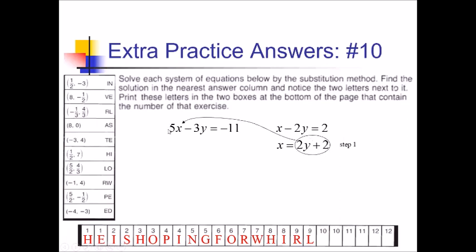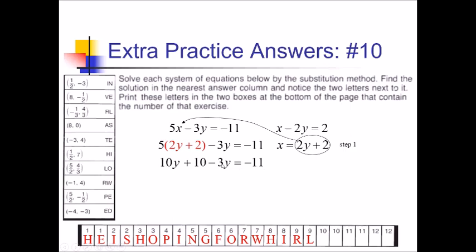So doing that, I've got 5 parentheses 2y plus 2. And now if I distribute that 5, 5 times 2y is 10y. 5 times 2 gives me a 10, and I still have a minus 3 and a minus 11 for the rest of that equation.